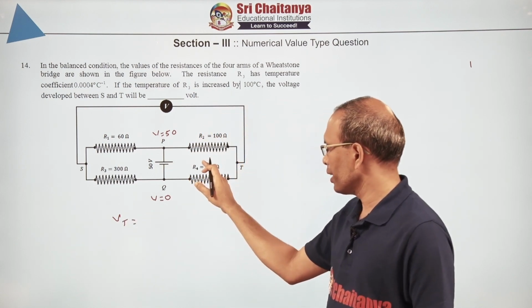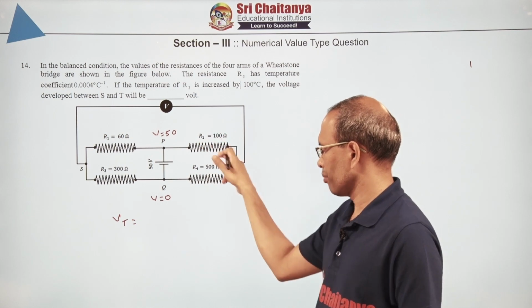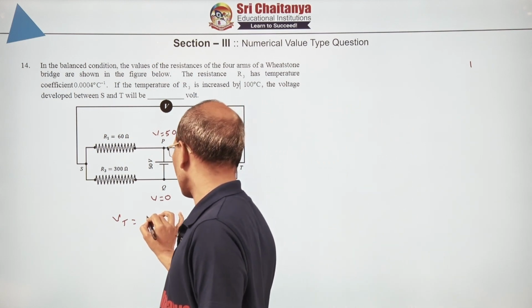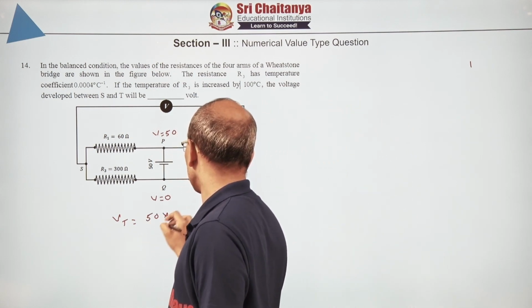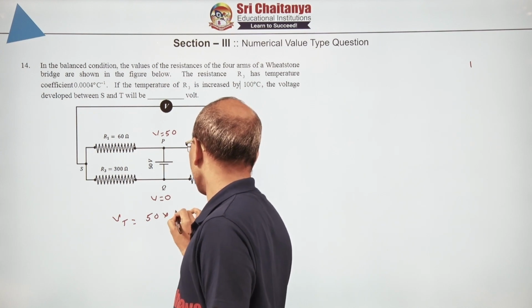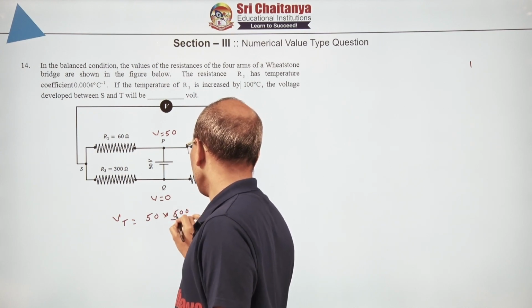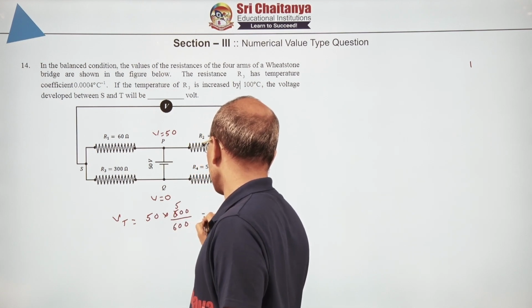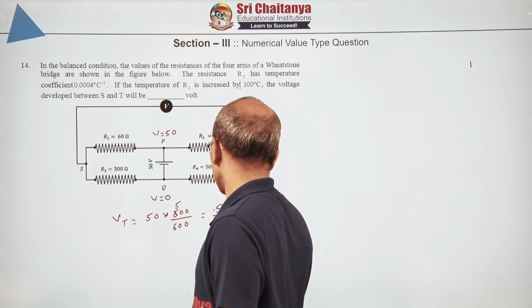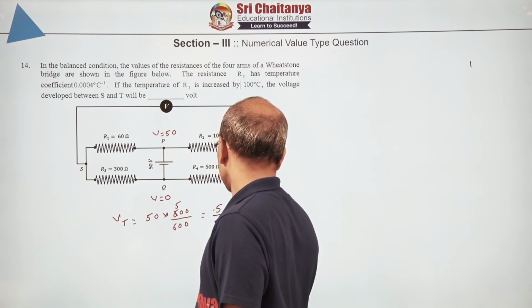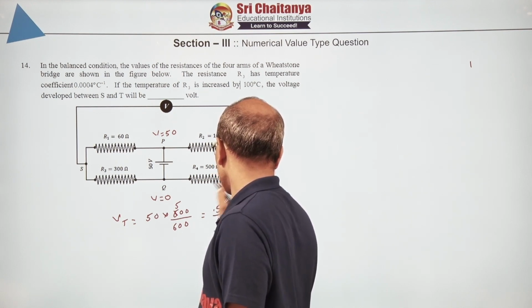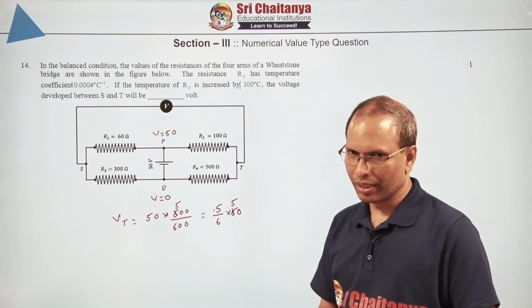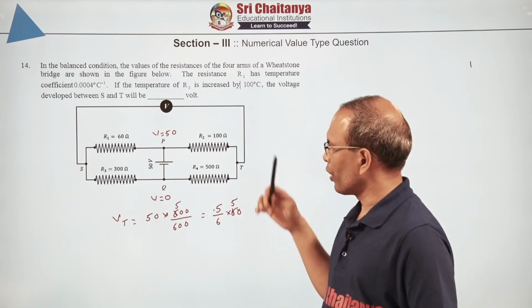What is I? V by this whole thing. So this will be 50 into 500 by 600, which is 5 by 6 into 50. That is the potential at point T.